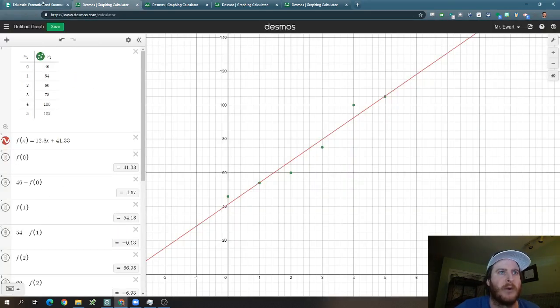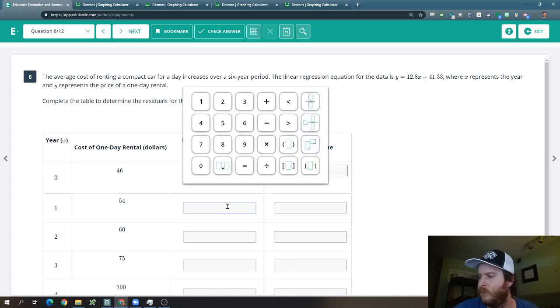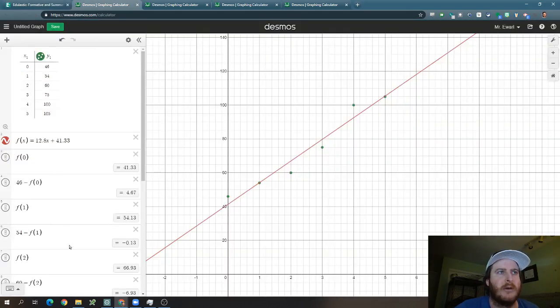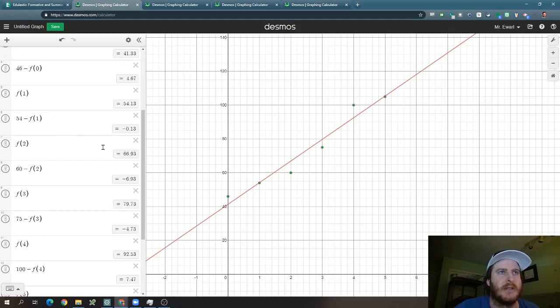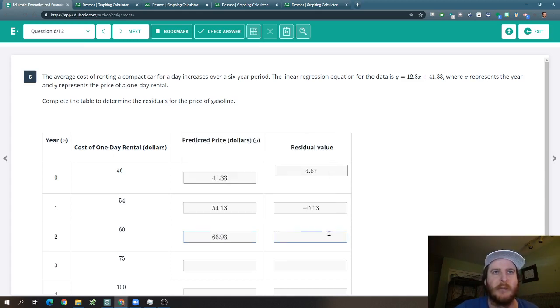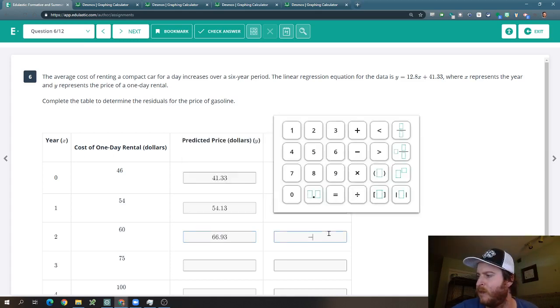We get 54.13. And when we subtract, we get negative 0.13. Right, next we'll do f of 2. F of 2 is 66.93. And we do 60 minus 66.93, we get negative 6.93.